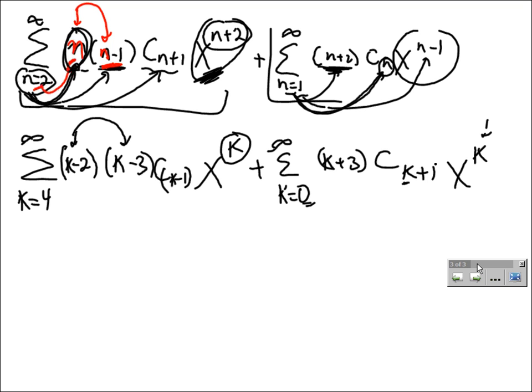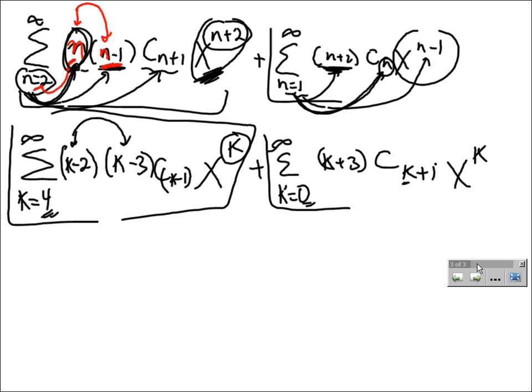So there it is. Now, what you need to do is look at what k starts with in each of these. In the first one, k is starting with 4. And in the second one, k is starting with 0. So between 0 and 4, the largest number is 4.